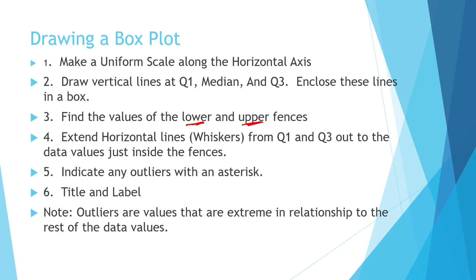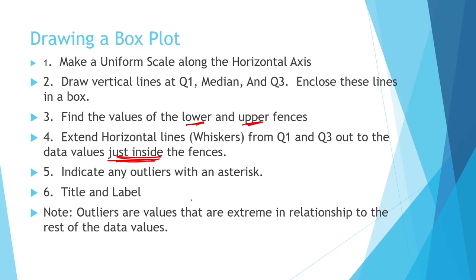Step 4, extend horizontal lines, or whiskers, from Q1 and Q3 out to the data values just inside the fences. The key word is just inside the fences. So you want to select values that are above the lower fence and just below the upper fence.